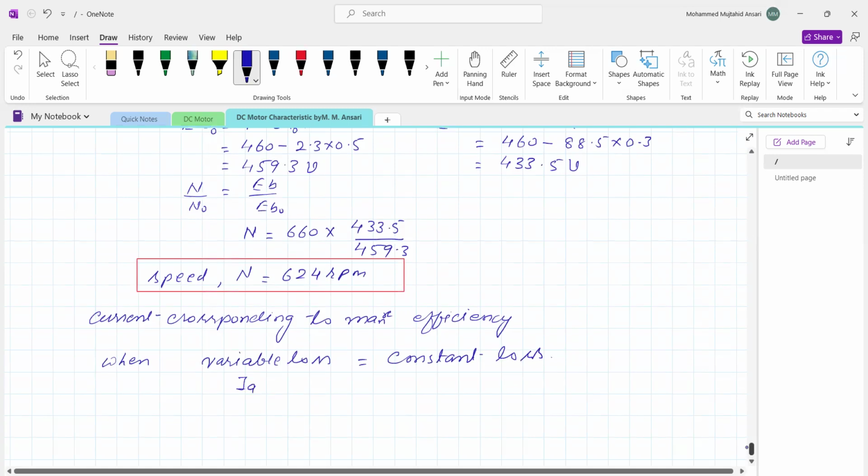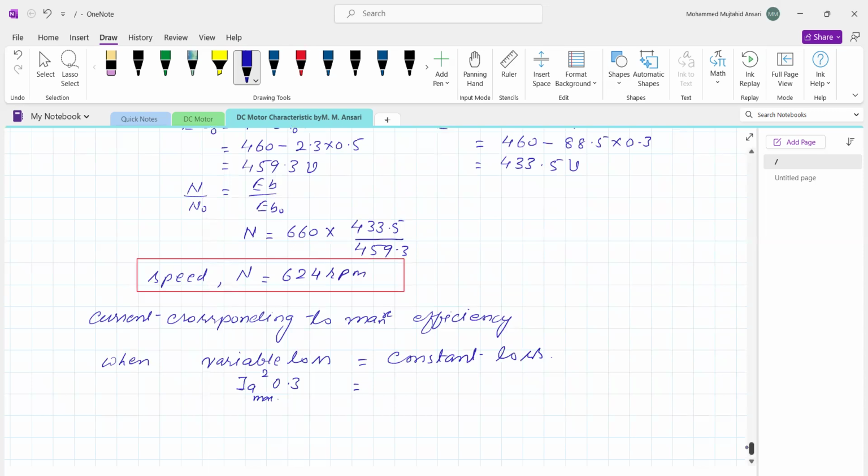So Ia under the maximum efficiency condition, squared into the resistance 0.3. What are the constant losses? They are already calculated: the losses in the shunt field as well as the constant losses calculated from the no load input.